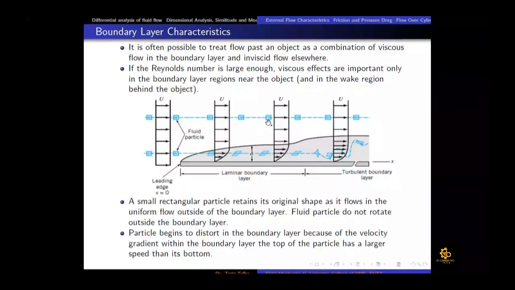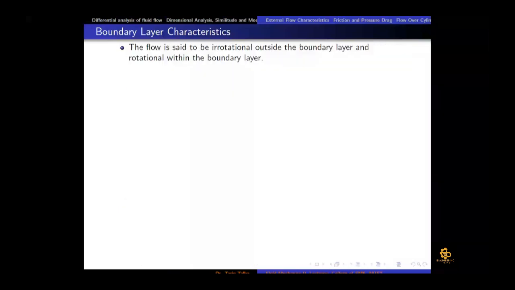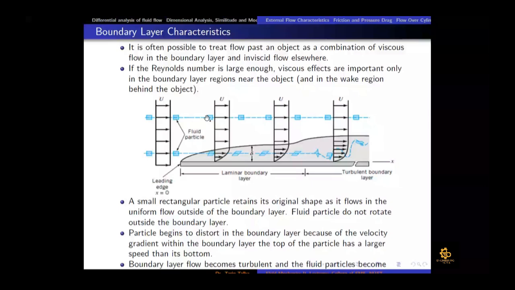So the boundary layer flow becomes turbulent when the Reynolds number for the boundary layer becomes equal to or greater than the critical Reynolds number, and the fluid particles become distorted, right? The flow is said to be irrotational outside the boundary layer because there is no velocity gradient, and rotational within the boundary layer, which I have just explained on the whiteboard as well as on this slide.